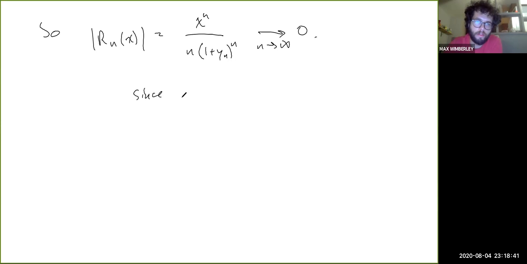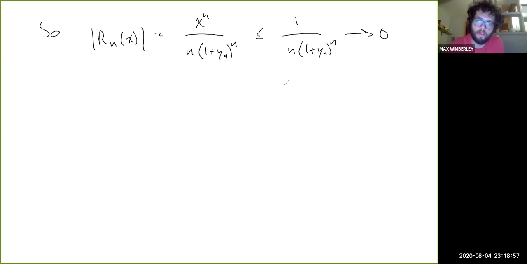Since x is less than or equal to 1. Maybe it would be better to say that this is less than or equal to 1 over n times 1 plus yn to the n. And this goes to 0 since yn is greater than 0, right?